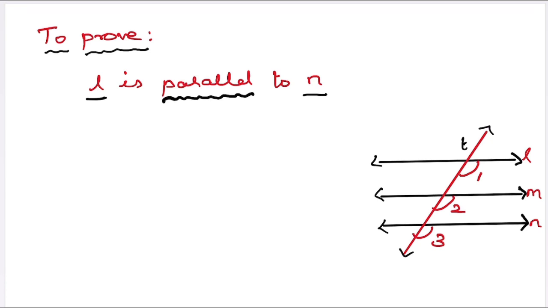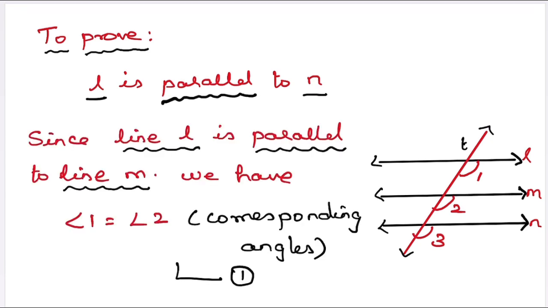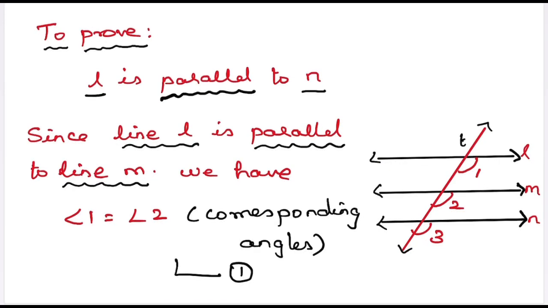Now take lines L and M with the transversal T. Since line L is parallel to line M, we have angle 1 is equal to angle 2 because they are corresponding angles. That is, corresponding angles are on the same side and are equal. Let this be equation 1.